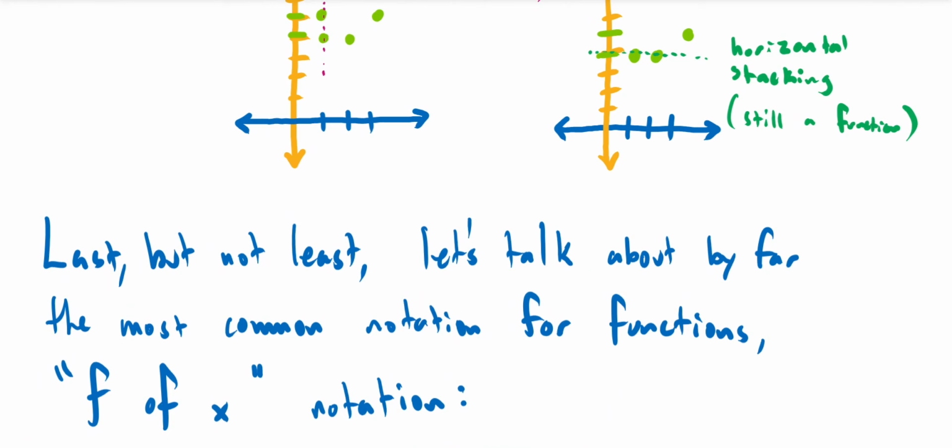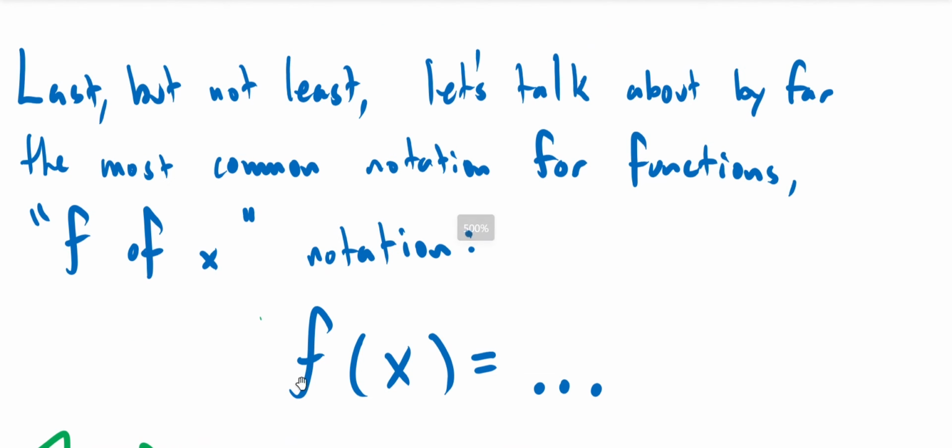But for now, let's talk about the most common notation for functions, f of x notation. This is going to put a name for a function out front, oftentimes f. Then inside parentheses, we put its input, and that's x. And then over here, where I have my ellipsis, there will be some instructions or rules, right? Something that tells you what to do with this input of x.